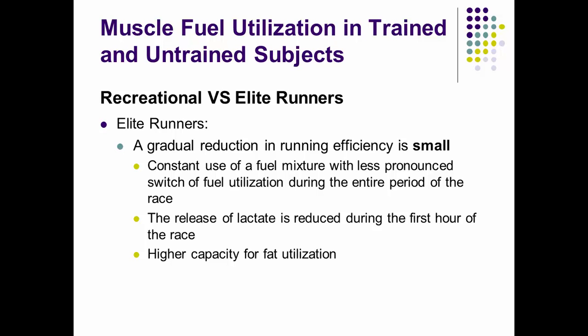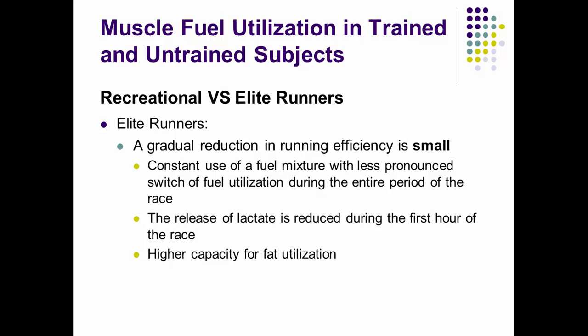They have less lactate production because they have more type 1 or type 2A fibers and fewer type 2X fibers. That's why they have a higher oxidative capacity, and they can use fat as energy because of their high oxidative capacity.